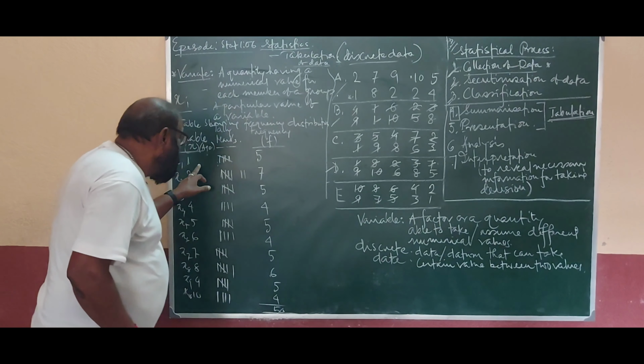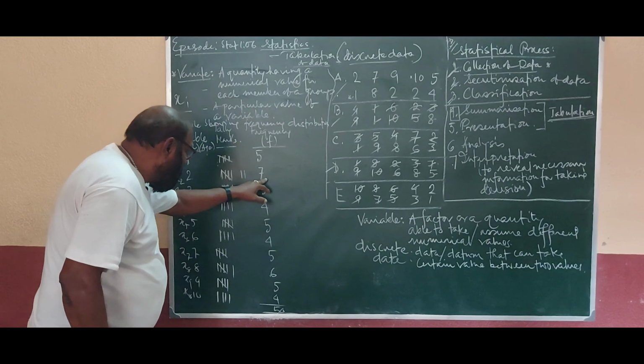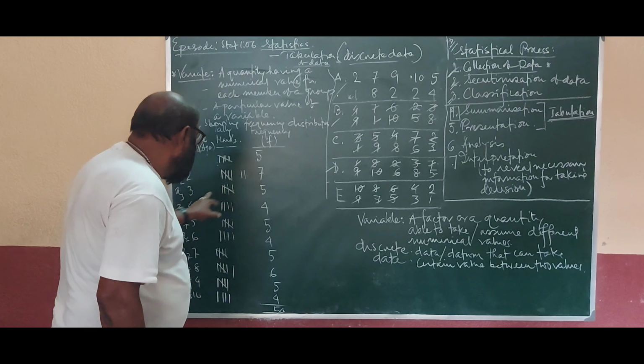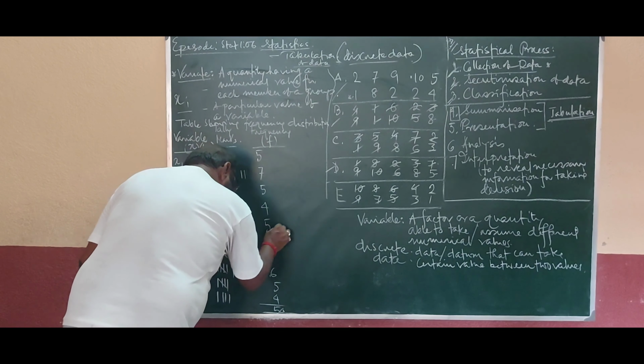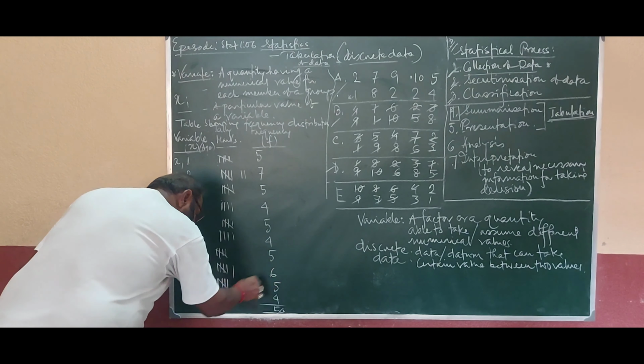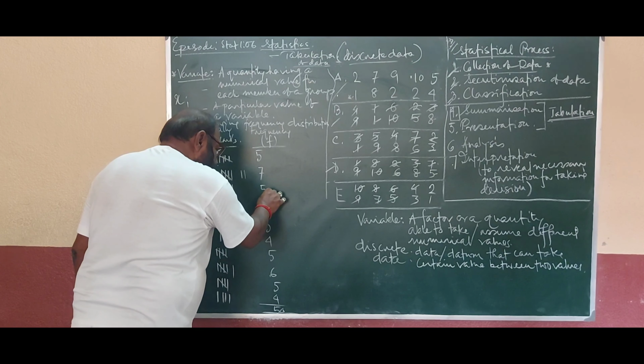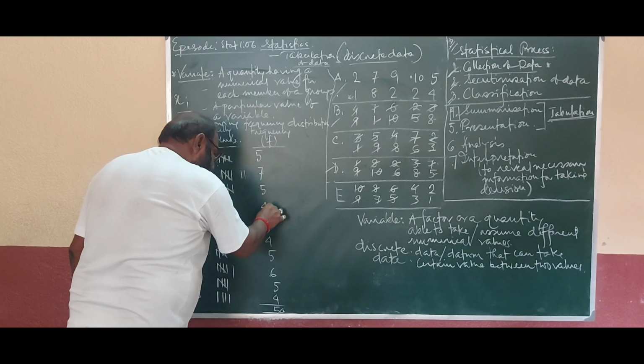In that case, 1 has occurred 5 times, 2 has occurred 7 times, 3 has occurred 5 times, 4 has occurred 4 times, 5 has occurred 5 times, 6 has occurred 4 times, 7 has occurred 5 times, 8 has occurred 6 times, 9 has occurred 5 times, and 10 has occurred 4 times. I think it is 50 in total, no? 5, 7, 12, 17, 21, 26, 30, 40, 50. So this is the presentation.